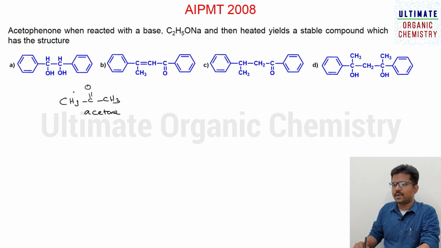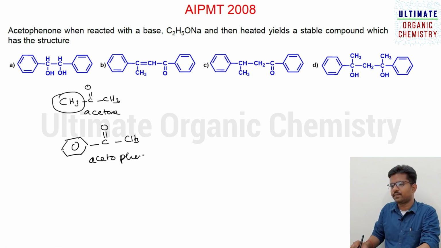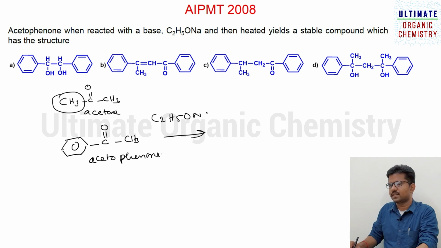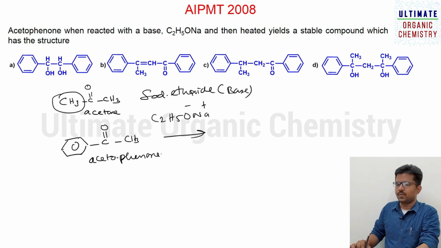And if you replace one methyl by a phenyl group, this is said to be acetophenone. When acetophenone reacts with C2H5ONa, which is called sodium ethoxide, a base, what will be the product? That is the question.